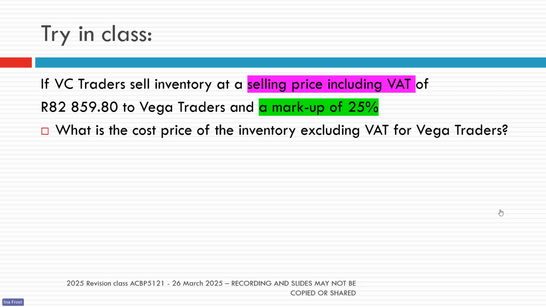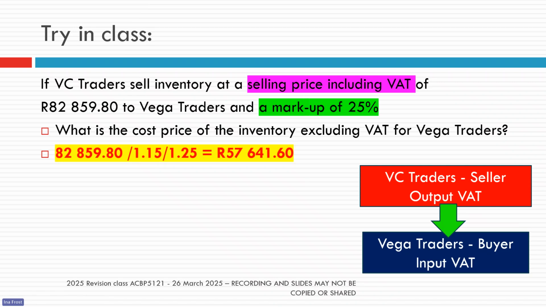Okay, were you all able to try that on your device? Let's quickly see how you would go about this. For this question, we had to remove the VAT and remove the 25% markup to get to the cost price excluding any VAT. For this one, I went with Salama's suggestion and used the quick formulas: I divided by 1.15 and divided by 1.25.